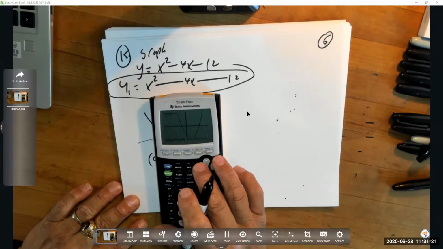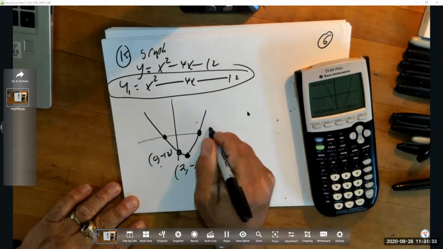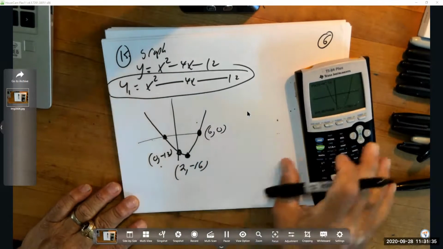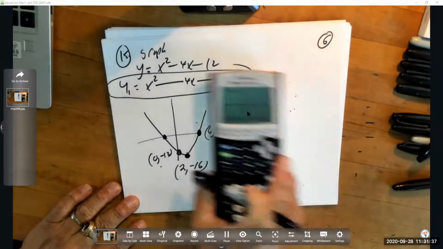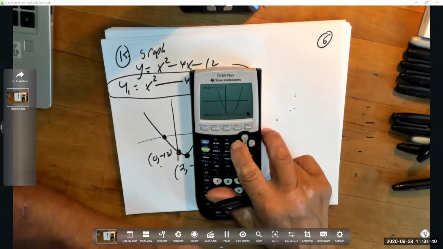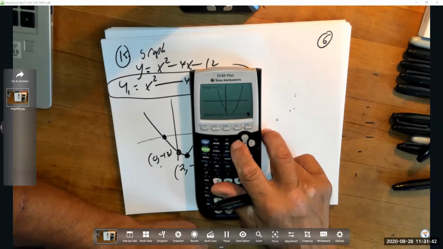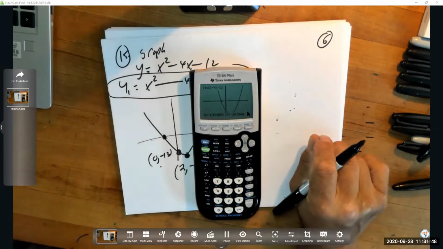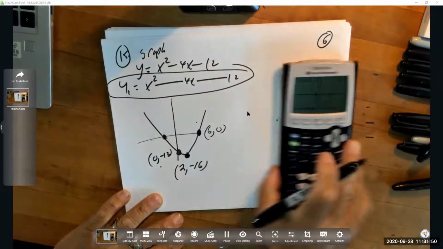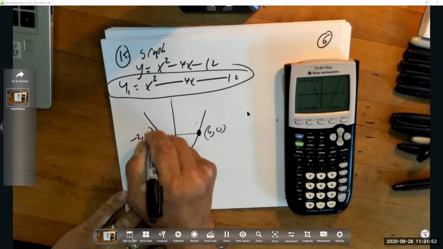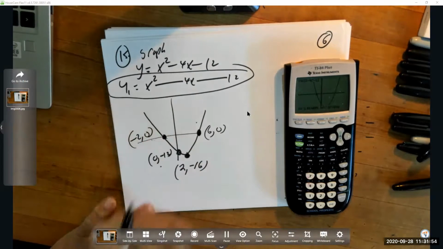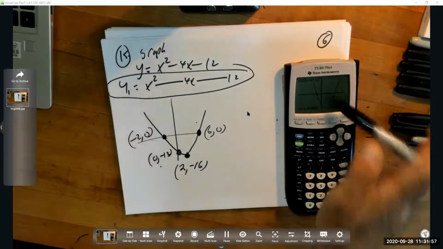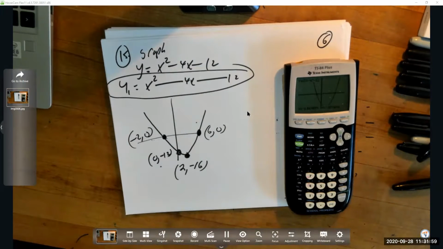This is right around 6, so I'm going to say this dot is 6 and 0. And the left dot over here, let's go all the way that way. For that one, I got pretty close to -2. So they're just out from the graph. That's all I use.